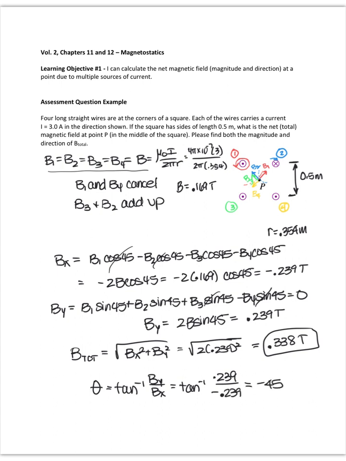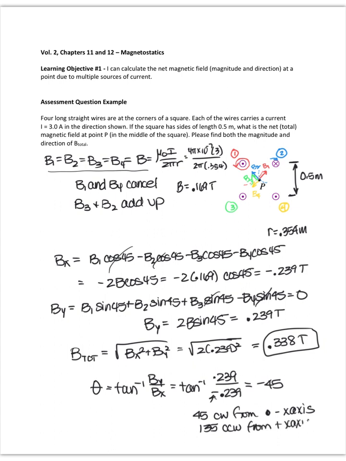If I do that on my calculator, my angle will be minus 45. It's because of the x component. I know that my net magnetic field is in the second quadrant, so I could say it's 45 degrees measured clockwise from the negative x-axis, or it would be 135 degrees measured counterclockwise from the positive x-axis.